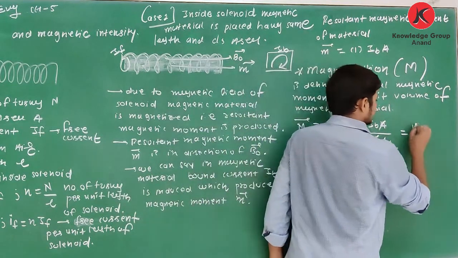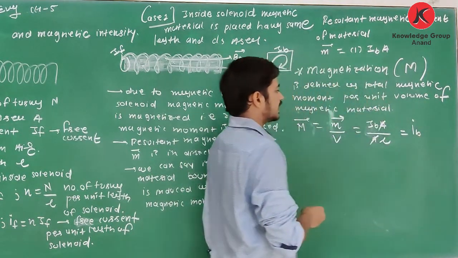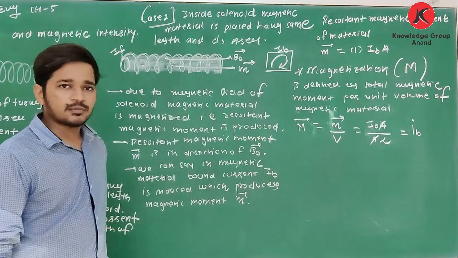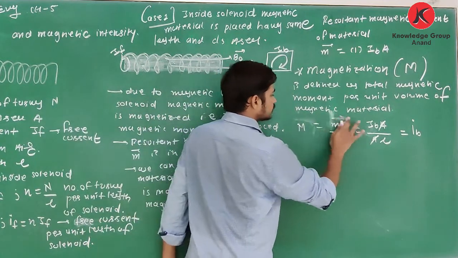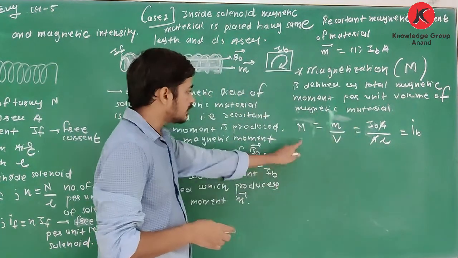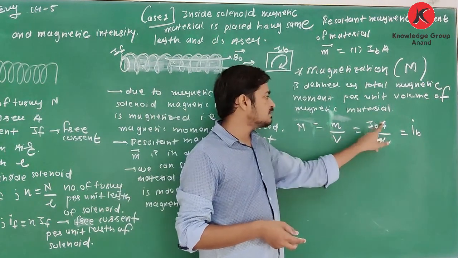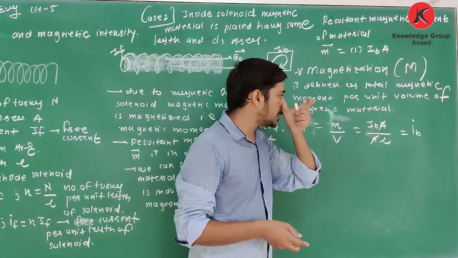I can write this as small ib. Clear about this? In magnitude, magnetization is equal to the resultant magnetic moment per unit volume, IB into A upon AL, which is equal to small ib.